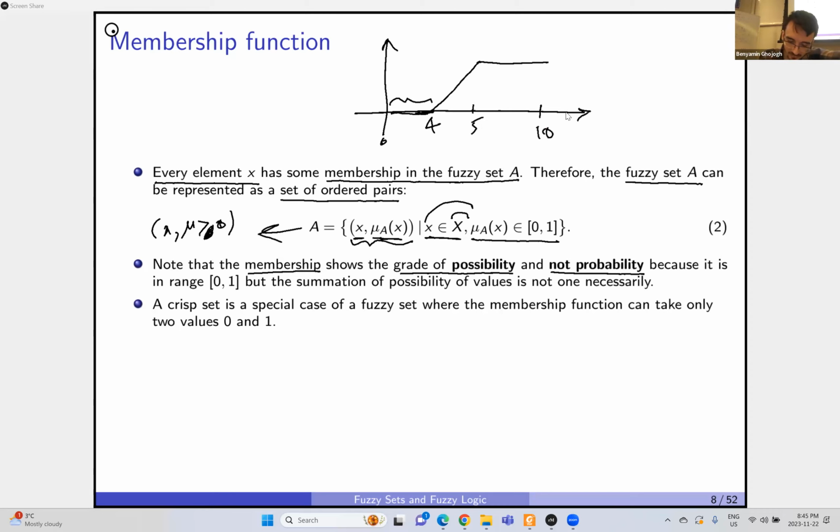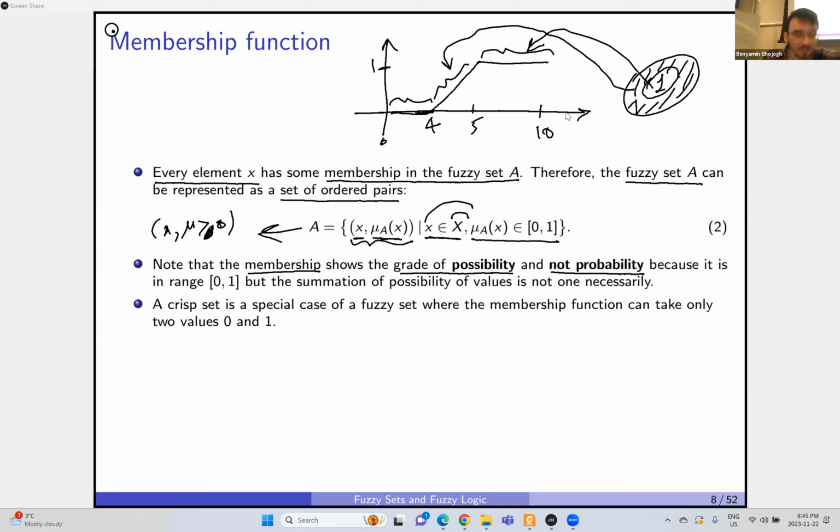For 4 until 5, I have partial membership. For 5 until 10, I have complete membership. This is basically like a set with a fuzzy boundary. This is complete membership. This boundary is partial membership. Outside of the set is this. Clear?